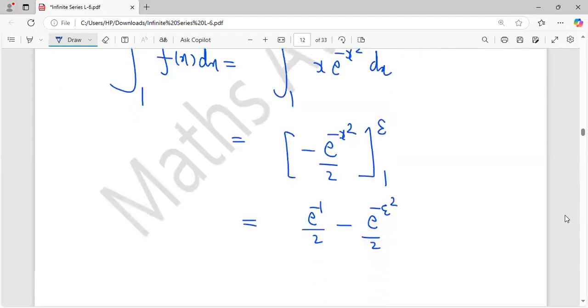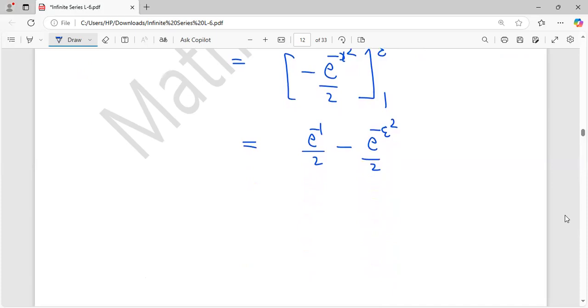So now letting epsilon tending to infinity, we get, because epsilon is a positive number greater than 1, squaring will make it positive, no problem.